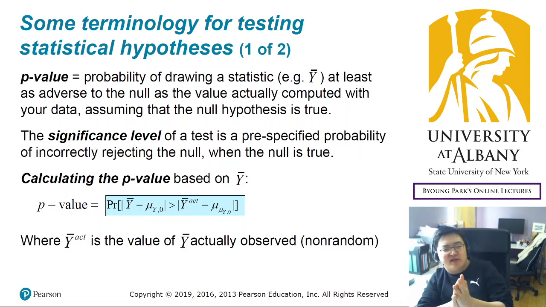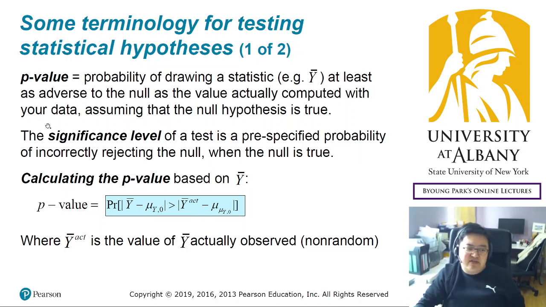This is so unlikely that I think the coin is unfair. I'm going to reject my belief, which was that the coin was fair. So that's the significance level, and that's the concept of p-value.